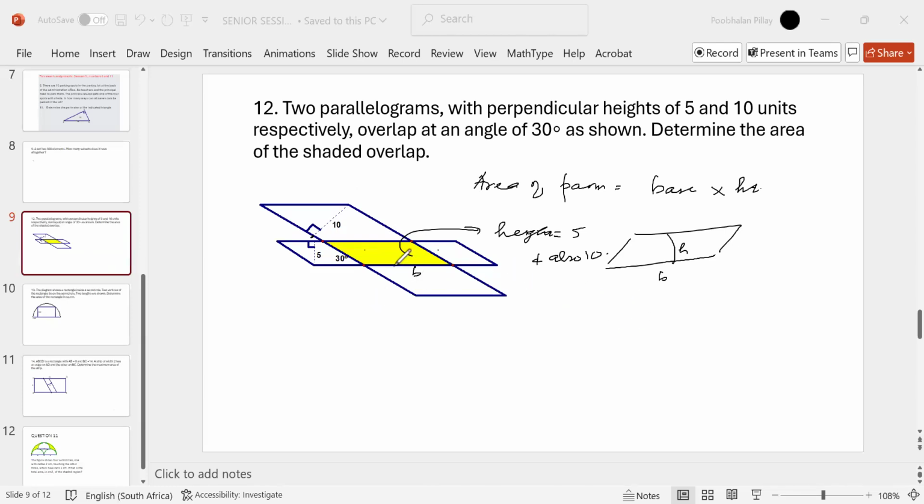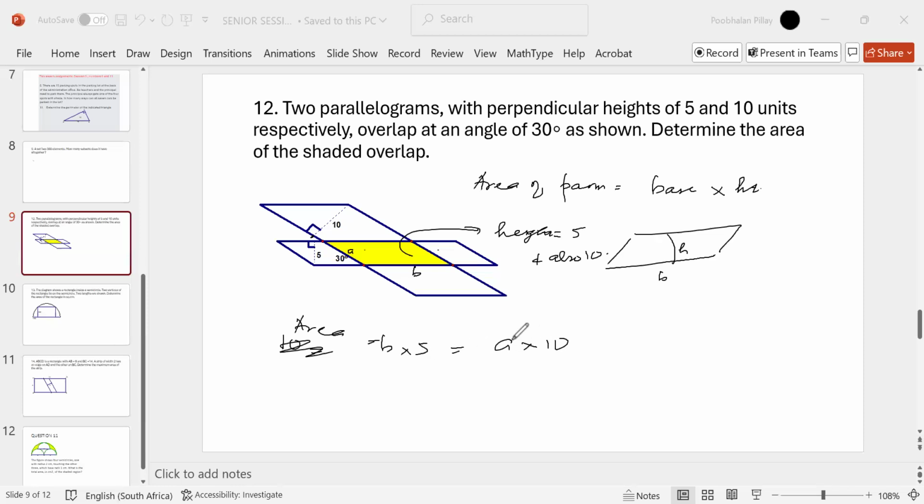So now the area is B times 5. Or you could have this other side of the parallelogram, let's call it A, and that's also equal to A times 10, because the height is now 10.